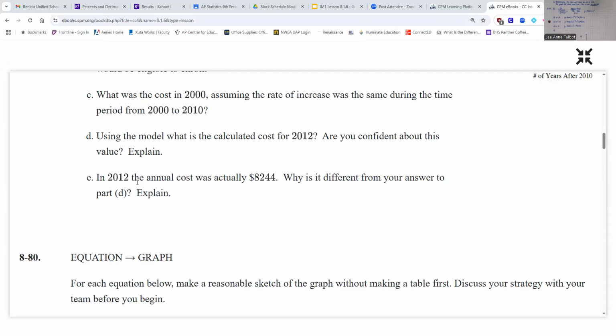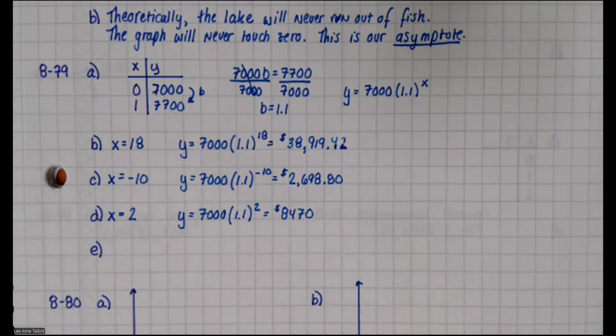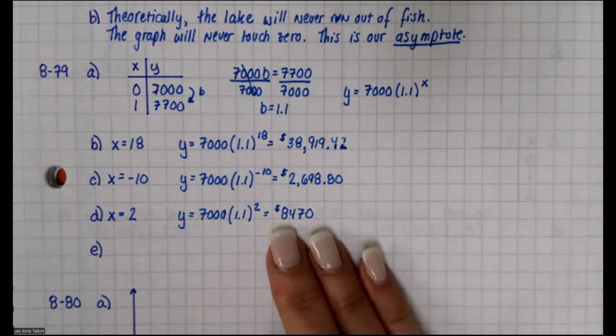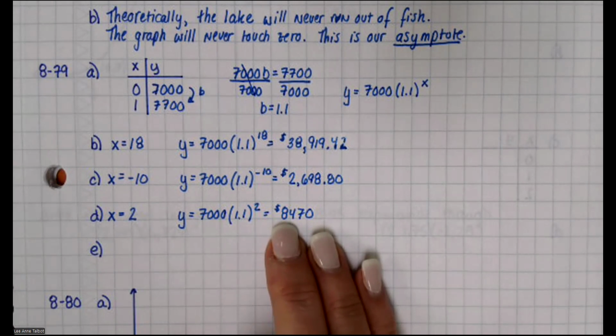In 2012, the annual cost was actually 8,244. Why is that different from your answer to part D? The real cost was 8,244. Why is it different from what we got? Because does real life always follow a perfect curve?